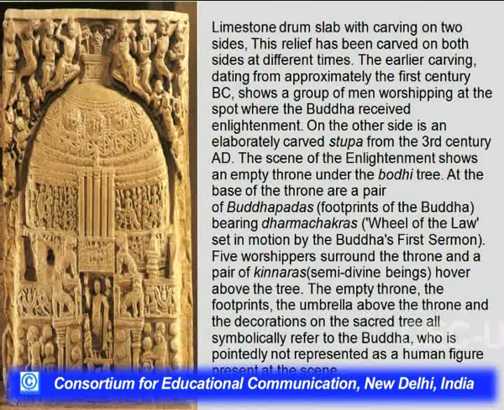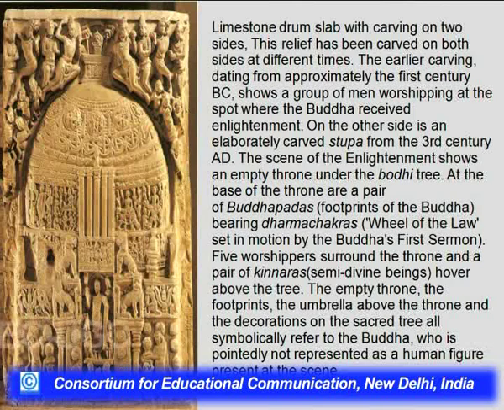and at the base of the throne are a pair of Buddha padas, and then there are the dharma chakras, there are worshippers, there are kinnaras, there is an empty throne, the footprints, etc. that can be seen on these drum slabs, this one and the ones that I will be showing you later.